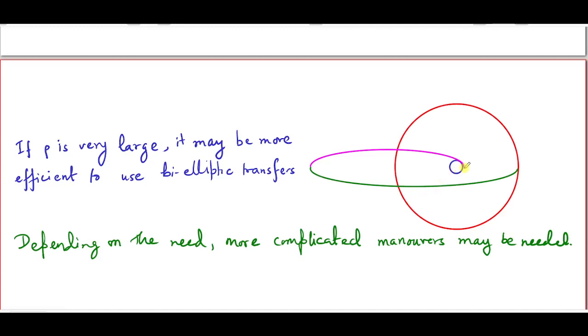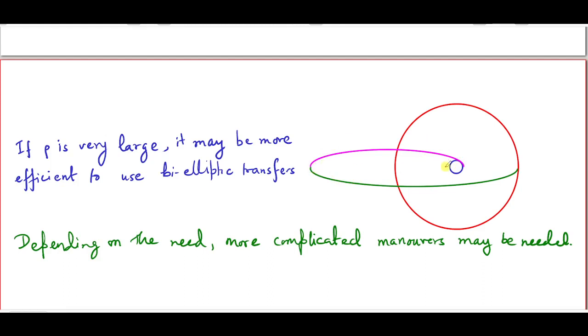It's obvious that for the bi-elliptic transfer, the satellite would have to first traverse this large half-elliptical orbit and then go through another large half-elliptical orbit. And both of these would take quite a lot of time. The time taken can be easily calculated by using the time period formula, except that you need to put in an extra factor of half, because you're actually traversing only half of the orbit.